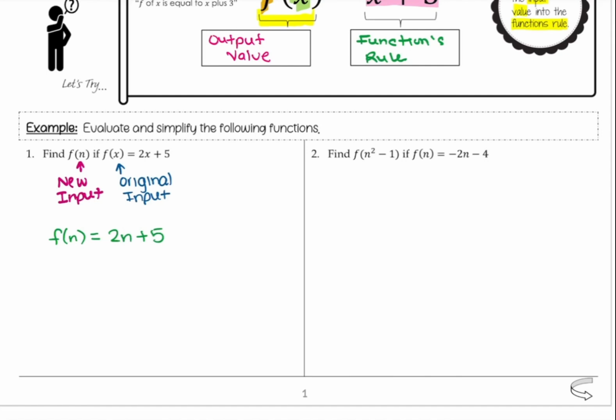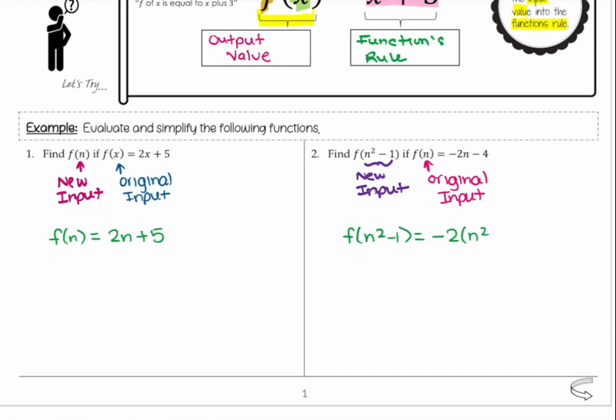For question number 2, we have find f of a new input n squared minus 1, where f of n is equal to negative 2n minus 4. So again, what are we going to do? We're taking our function f, inputting the new input wherever we had the original input of n.